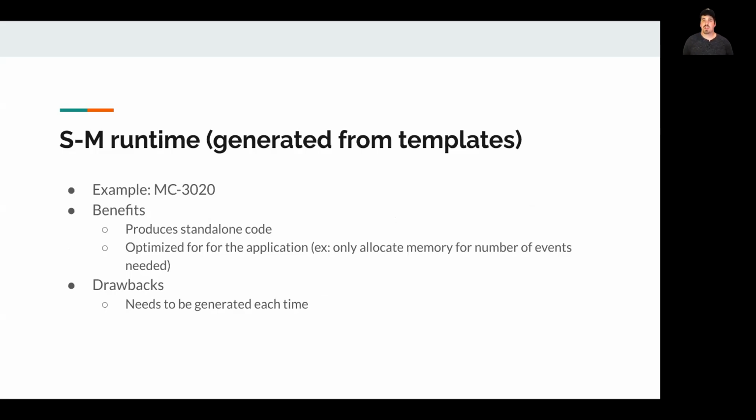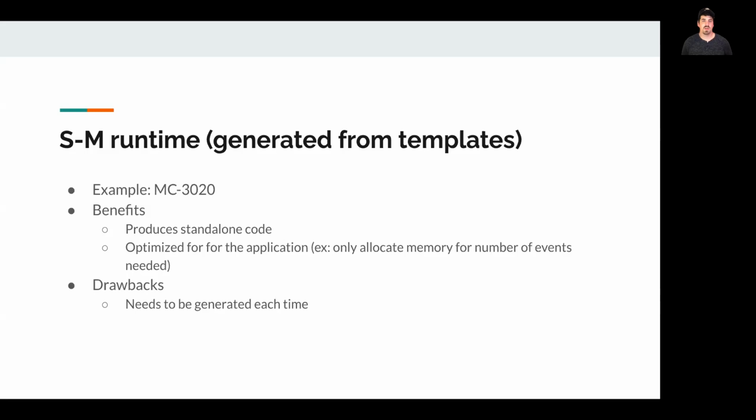First, let's talk about generating the Schleiermacher runtime from templates for each model. The example here that I'm going to use is the C compiler MC3020 that is included with Bridgepoint. One of the benefits of this is that it produces standalone code. Each generation of an application produces a single lump of code that can be compiled and run independently from any other dependency. It's also optimized specifically for the application.